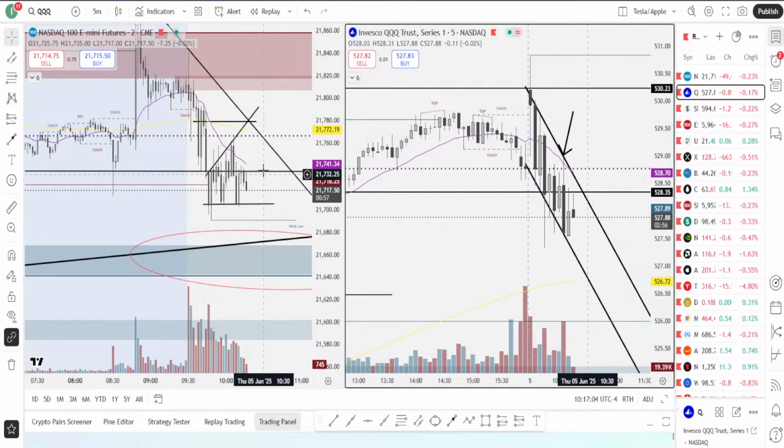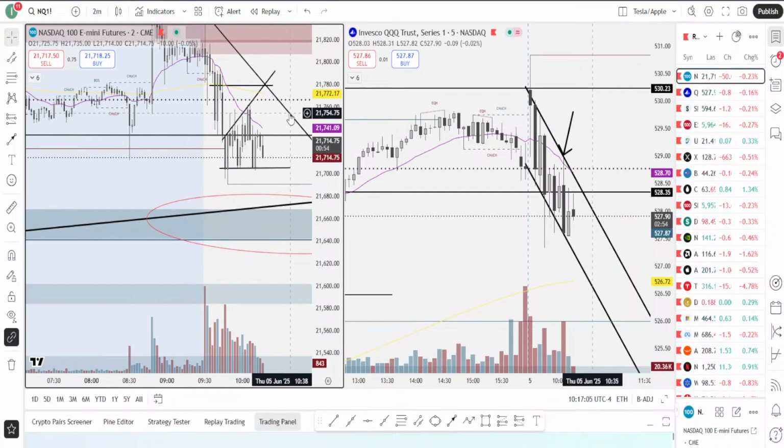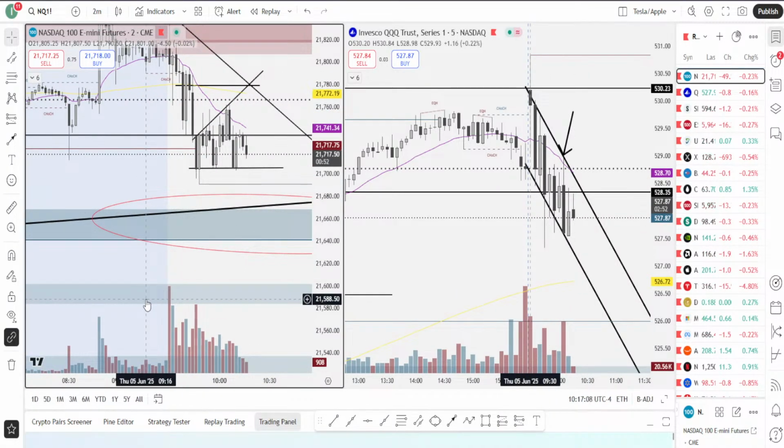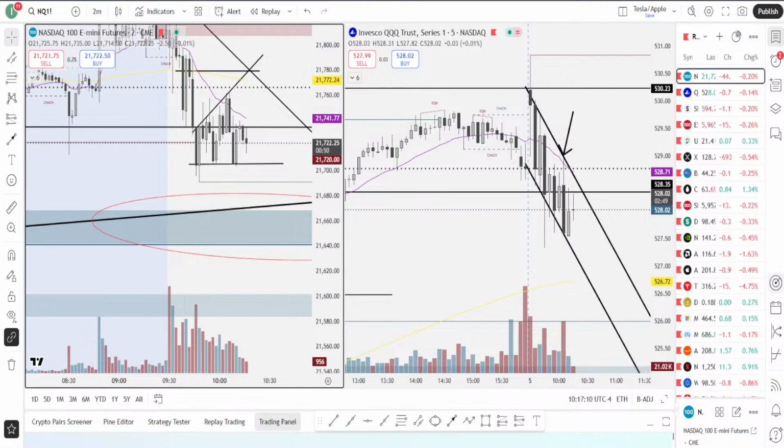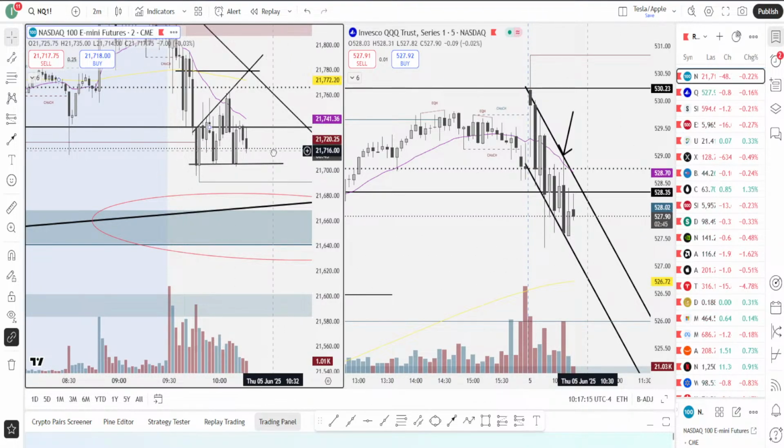There we go. Sellers are jumping back in. We're in. Let's go. Come on, sellers, show us what y'all got. We just started this trend.